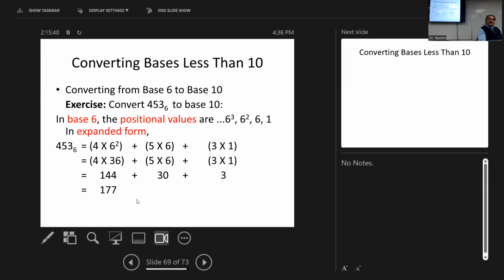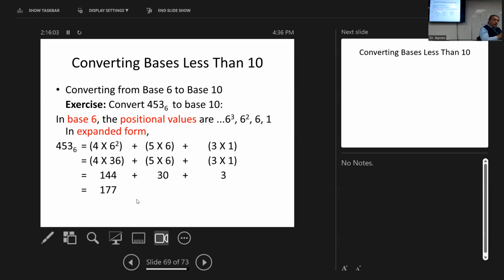The third position is 6 to the power of 2, 1 less than the position, and you get 36. So you do the multiplication and addition, and you end up with 177. So base 6, 453 is equivalent to 177 in base 10, our base.